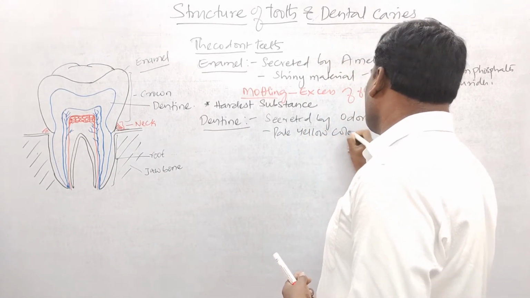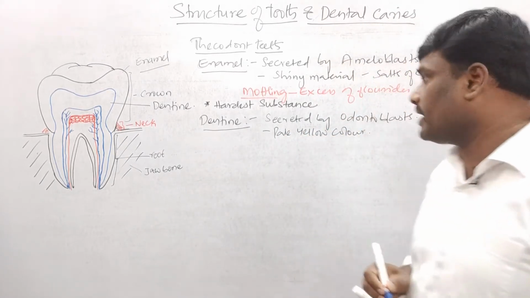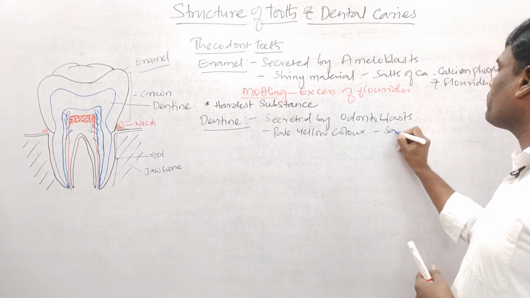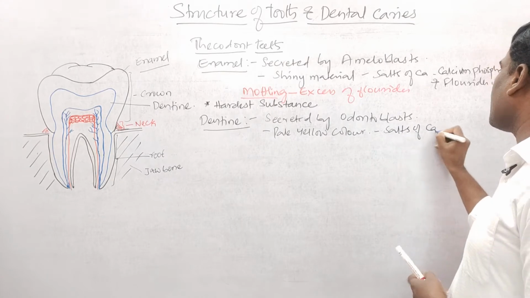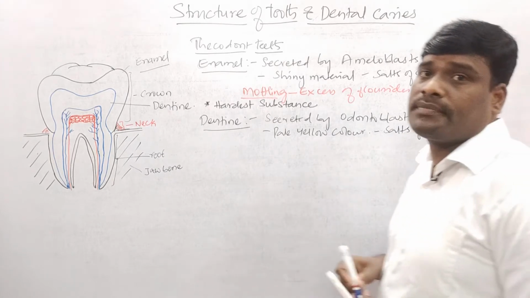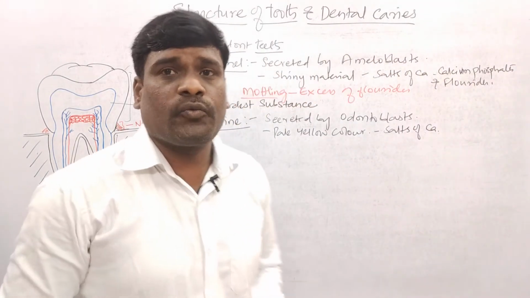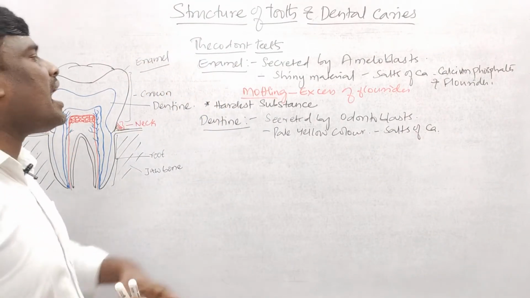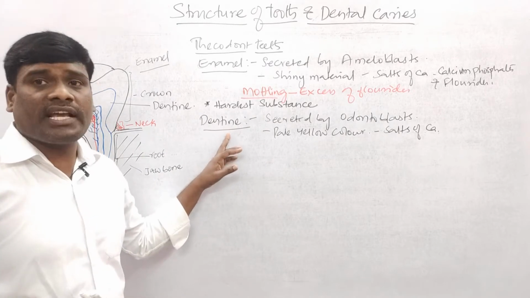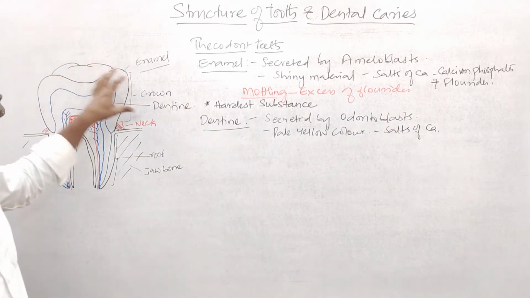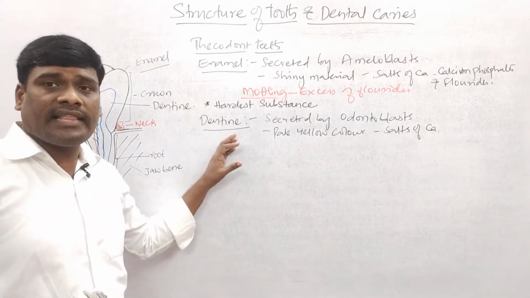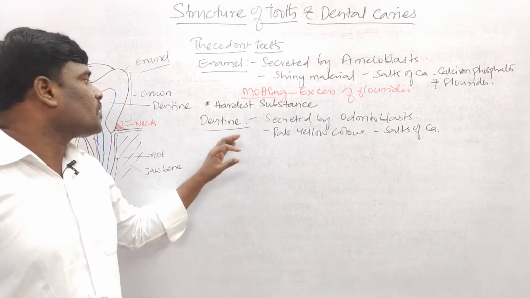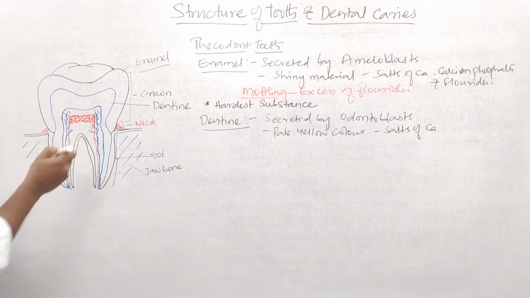And it also consists of salts of calcium, that is calcium phosphates. And one more thing, children, it is also a hard substance, but when we compare it with enamel, it is not as hard as enamel, but it is also a hard substance, children.